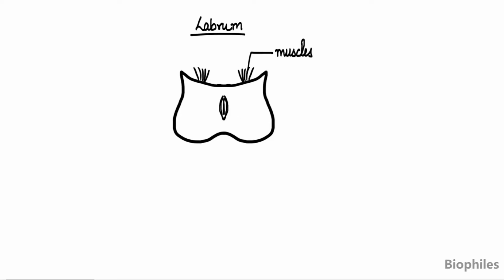Next part is the depression that is present on the inner side of the labrum, and this depression is called epipharynx. And another hair-like structures are present at the border of the labrum, and these structures are called bristles.